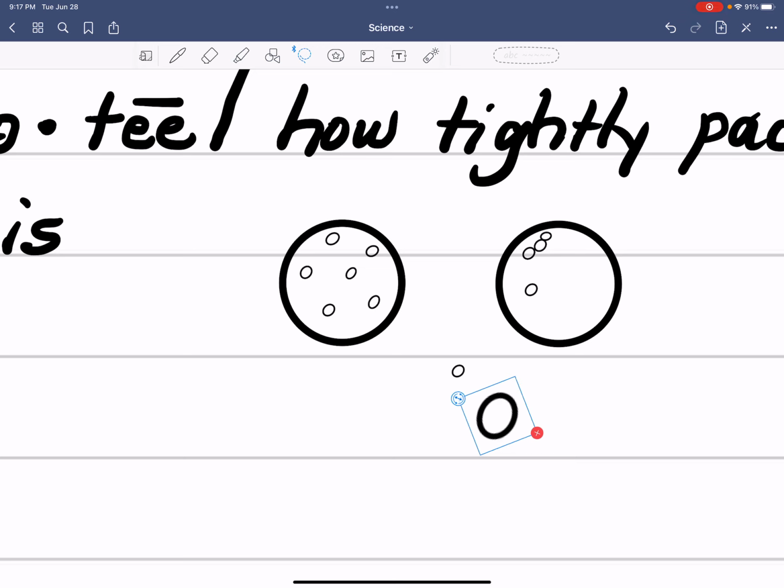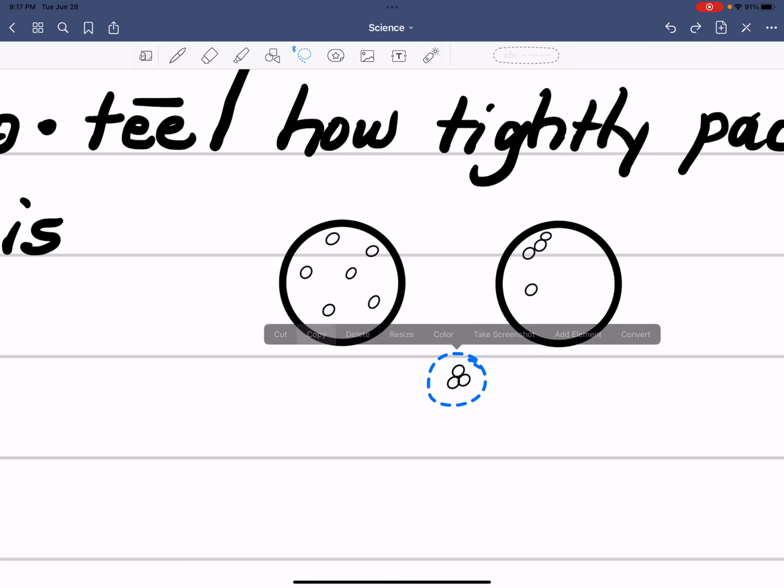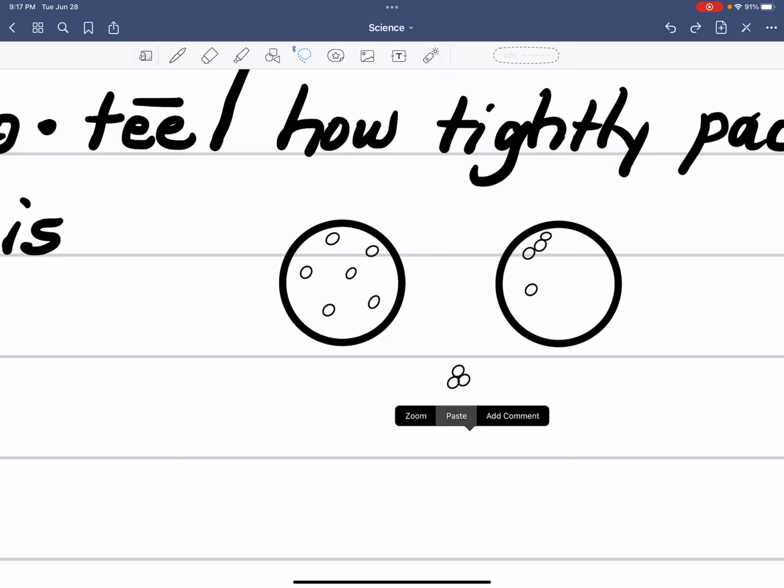So we're building, the molecules would all be approximately the same size. Bear with me here. I think this is actually worth seeing because it builds into your mind the concept of density. And I didn't mean to delete that. I meant to copy it. So I'm going to duplicate it.